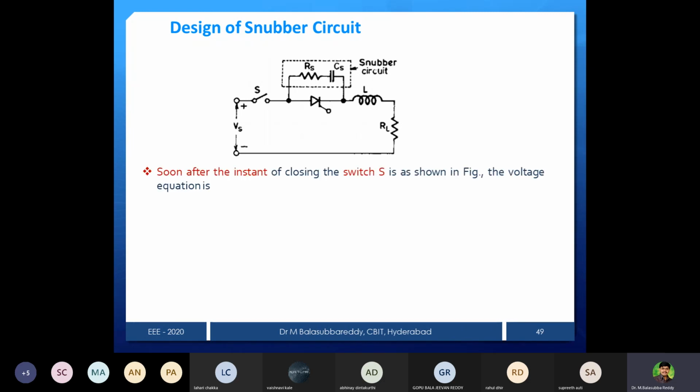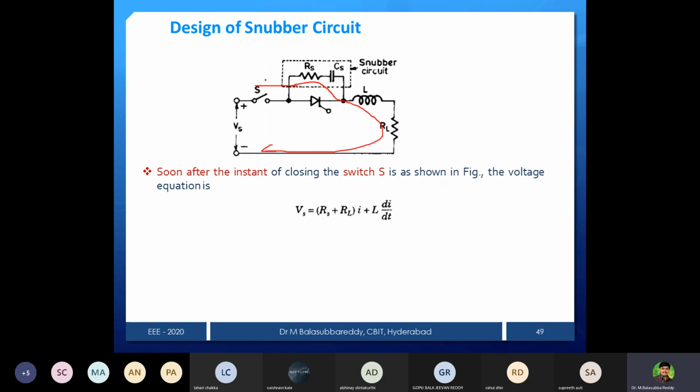Soon after the instant, I am not saying later time, the instant at which S is going to close, you can write KVL. So at the instant S is closed, this capacitor will be short circuited. Then what else do we have? We have only this resistance. This is the loop.